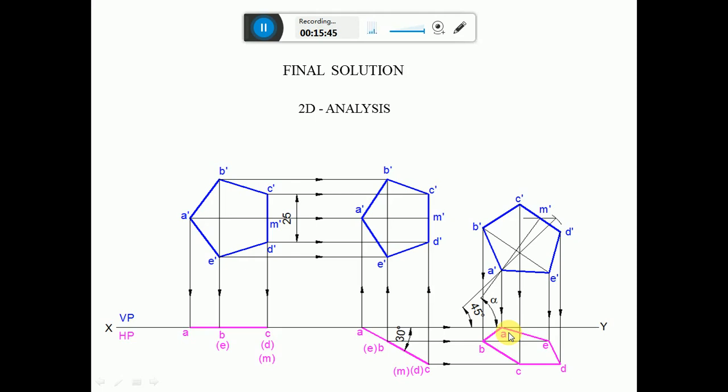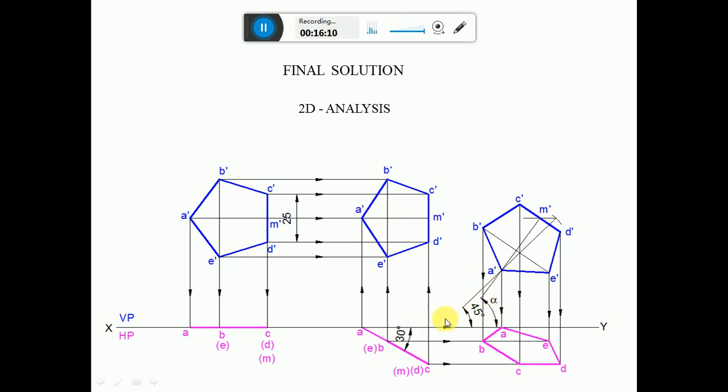But we have to check once more whether all the conditions are satisfied. The problem states a pentagonal lamina of 25 mm side resting on one of its corners on VP such that the surface makes an angle of 30 degrees with VP, and the perpendicular bisector passing through the edge resting on VP, which is A dash M dash, is inclined at 45 degrees to HP.